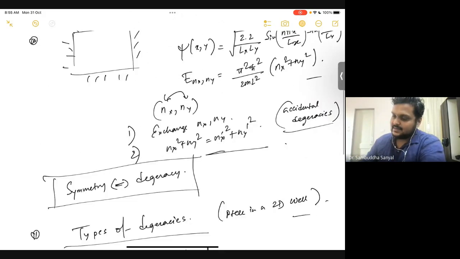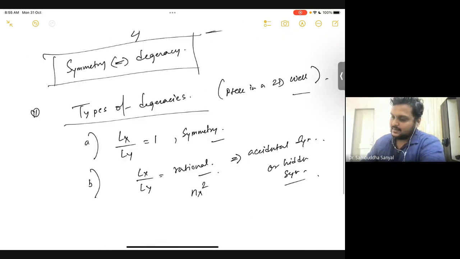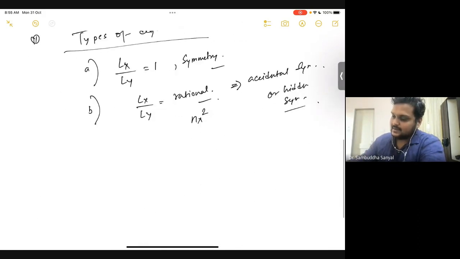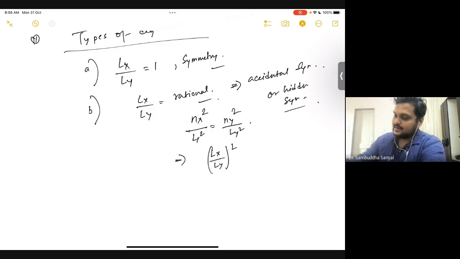So you can see that what you have to do is find a pair of integers such that these two things are equal, right? So nx squared by Lx squared is equal to ny squared by Ly squared, which means for any pair you take, Lx squared by Ly squared is ny squared by nx squared.